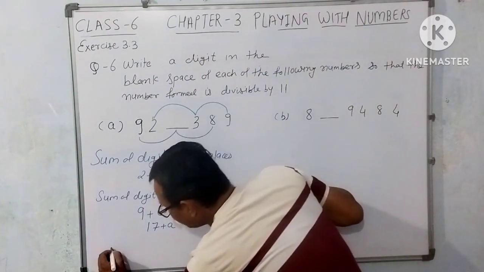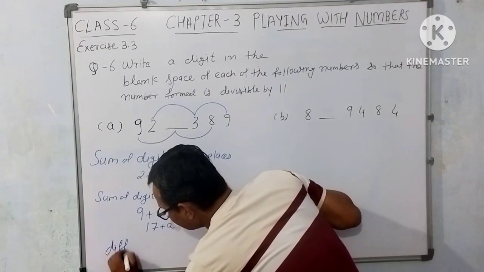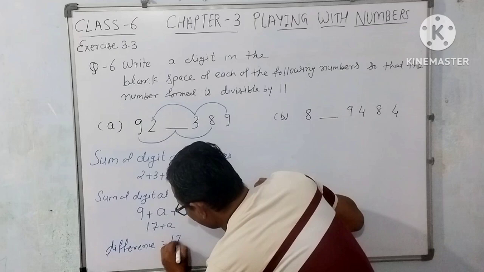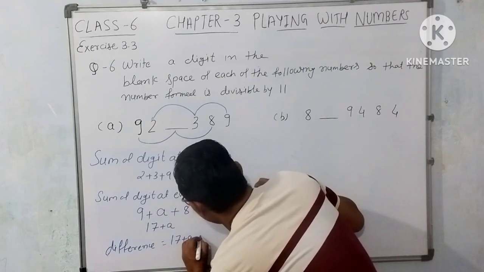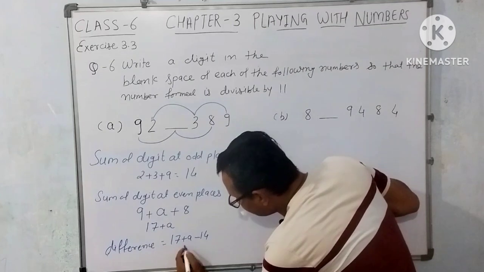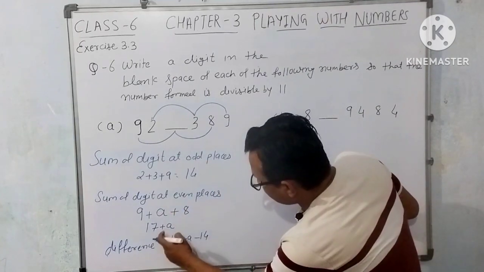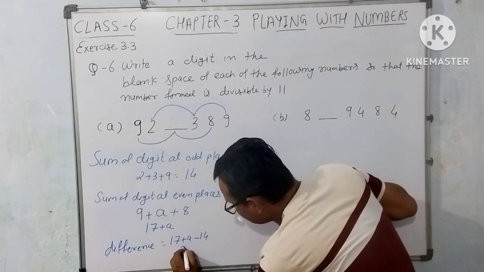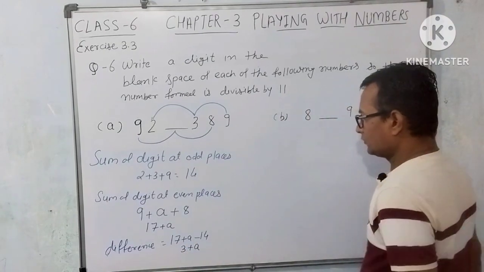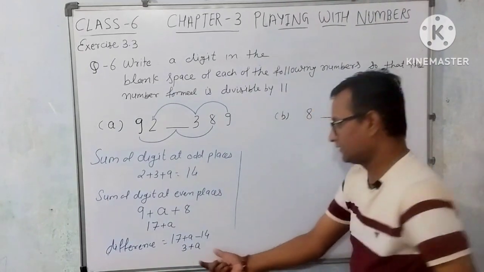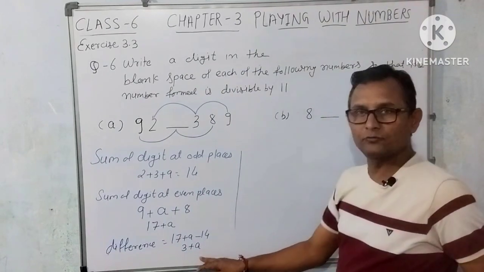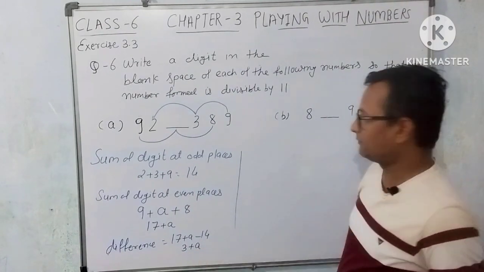So we have to find the difference: (17 plus a minus 14), which is 3 plus a. Once we put 0 and once we put 11 equal to 3 plus a.